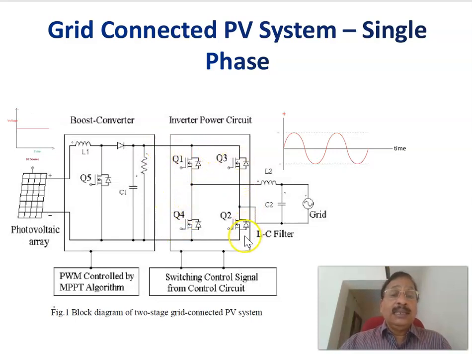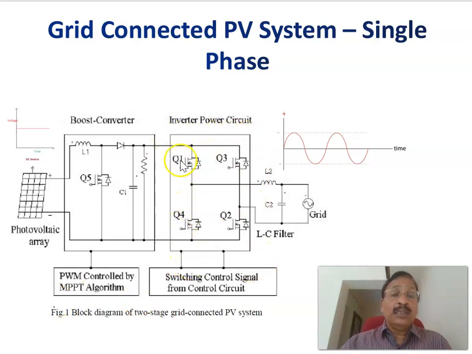The DC voltage is again converted to AC using an inverter. There is an H-bridge inverter that will be switching such that you will get an AC output voltage at the output of this one, and that is filtered, and you will get a sinusoidal voltage that is connected to the single phase grid. Therefore, this is a grid connected PV system for a single phase in which there is a solar panel, a boost converter with an MPPT controller, and an H-bridge inverter.